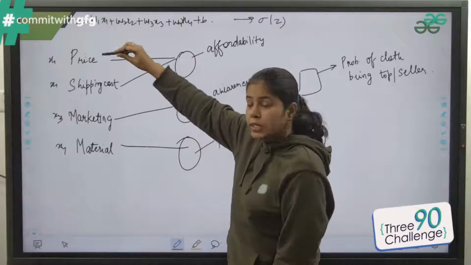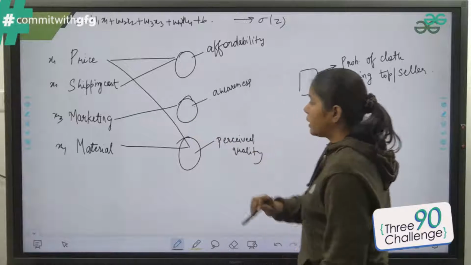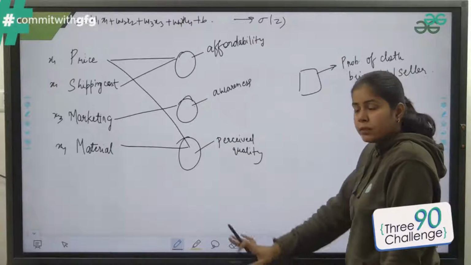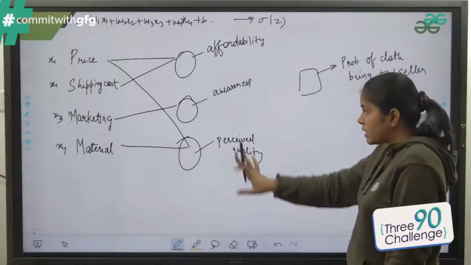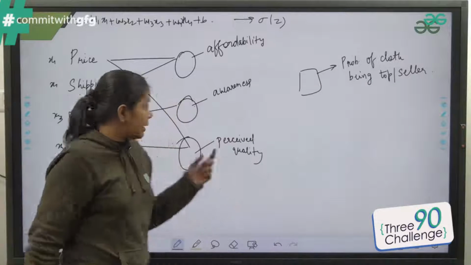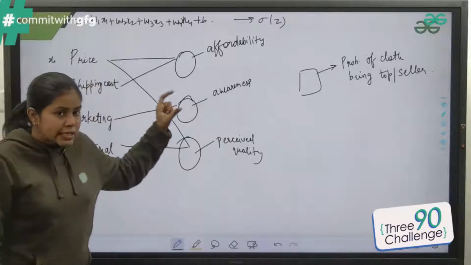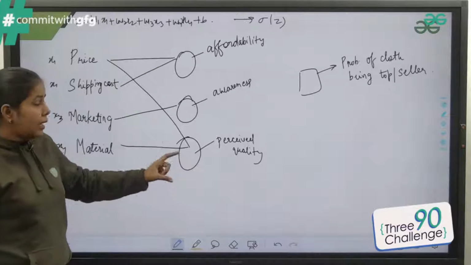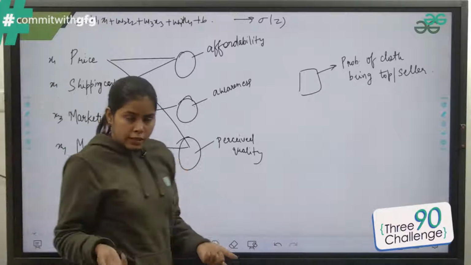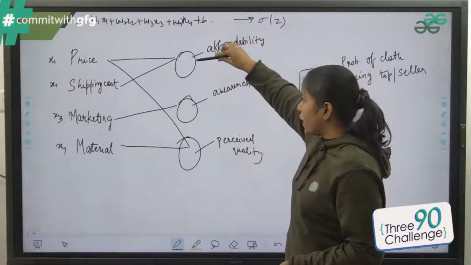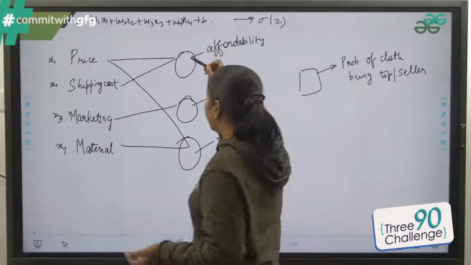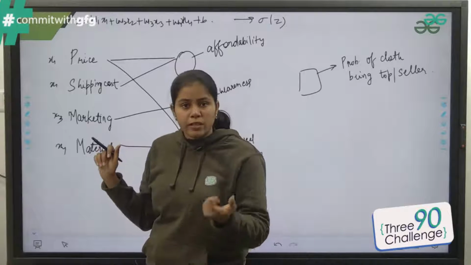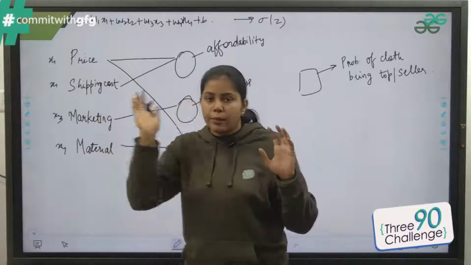And perceived quality also comes from price, that at that particular price I am getting what quality I want. So you can see that here, instead of passing through a single neuron, I am passing through three neurons, right? And the three neurons are playing their roles. When I was talking about the perceptron, I was taking only a single neuron and passing everything through it.